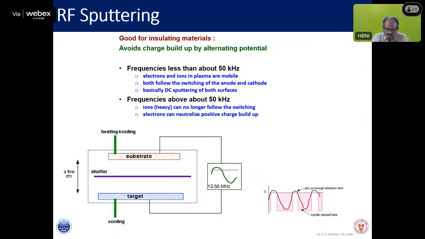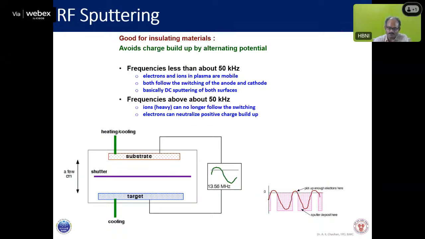In the other half cycle, the polarity will be opposite. By this, the accumulation of charges or ions at either the substrate or the target can be avoided.